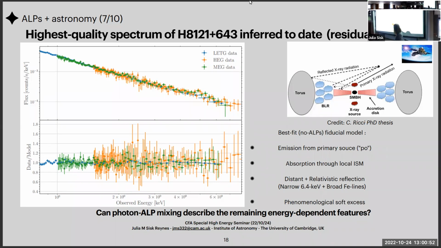And these are the residuals resulting from fitting the best fit model to the data. So the question was whether photon to axion conversion was able to describe these energy dependent features, some of these absorption features that we see here.